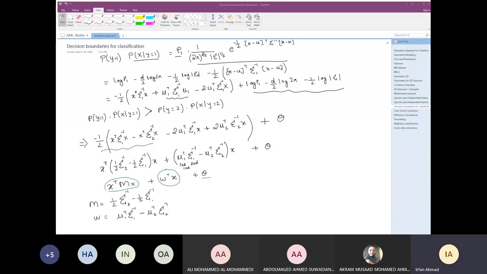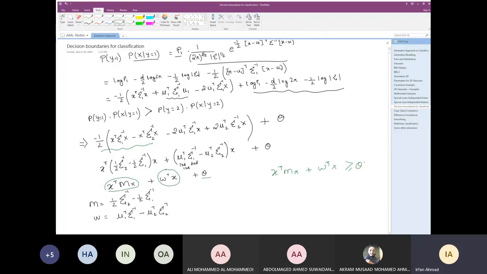So if x transpose Mx plus w transpose x is greater than some constant, it's one class, otherwise it's the other class. So it's a quadratic decision boundary.